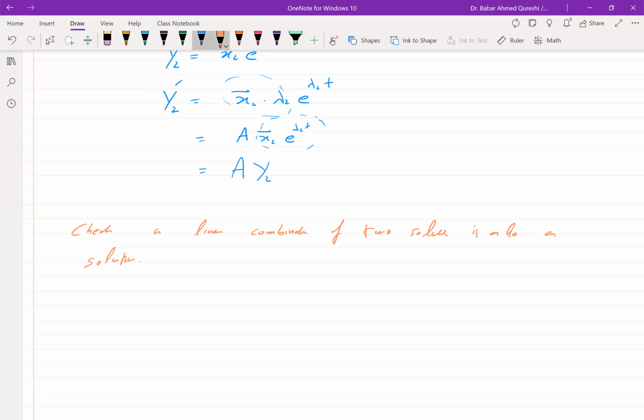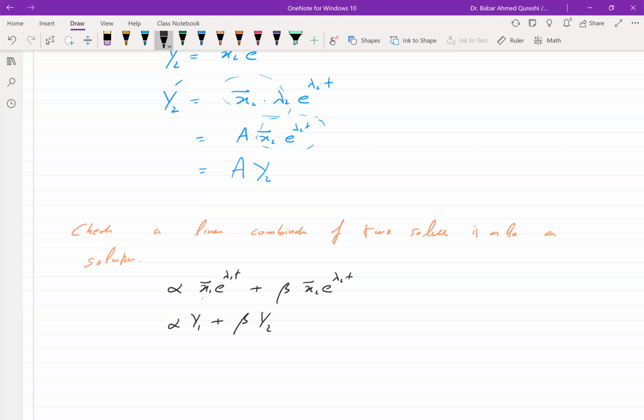So for example, if I take alpha times x1 e^(lambda 1 t) plus beta times x2 e^(lambda 2 t). So let's call this y1, where y1 is a solution, and beta y2.